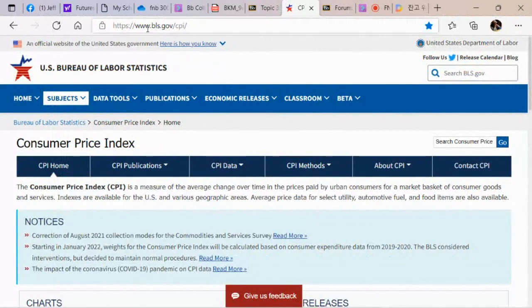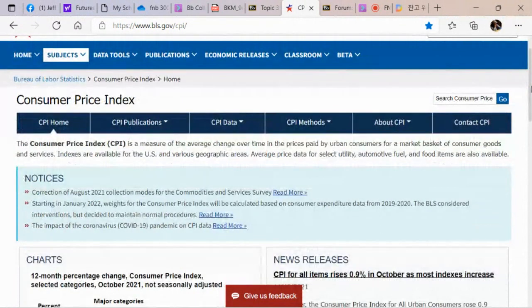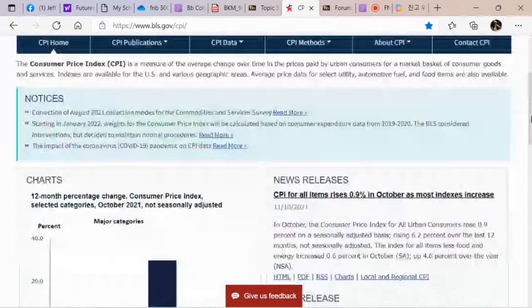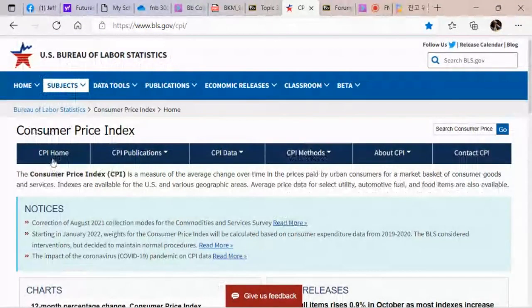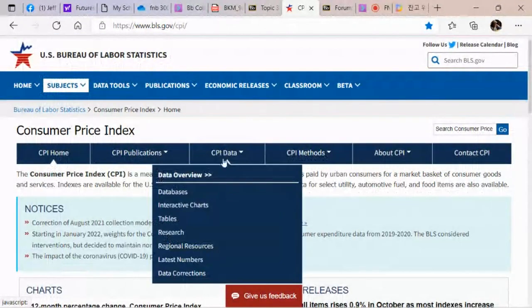The Bureau of Labor Statistics collects data on unemployment, and also CPI. CPI data, interactive charts.